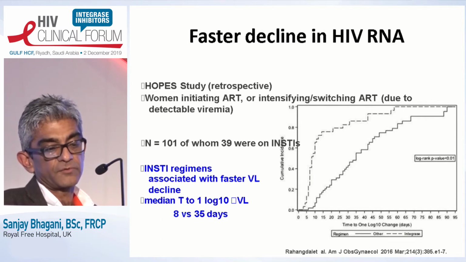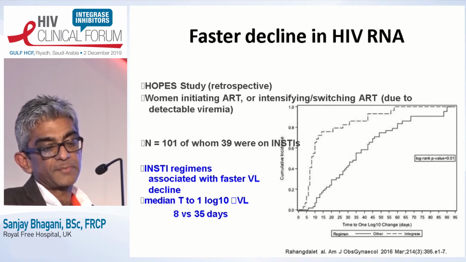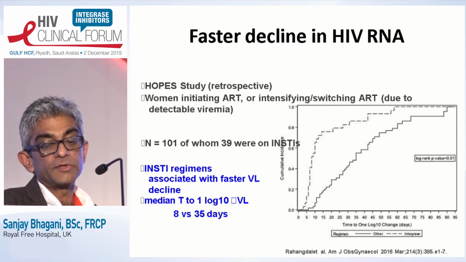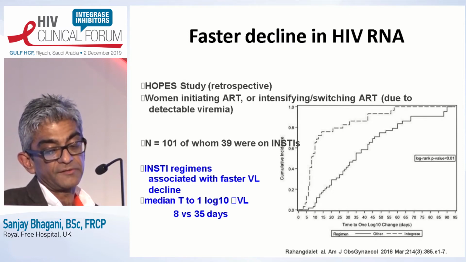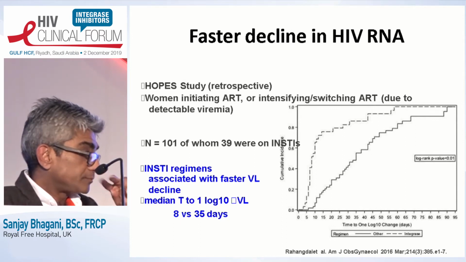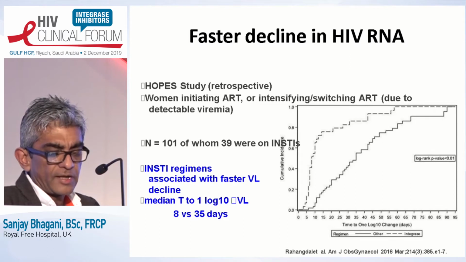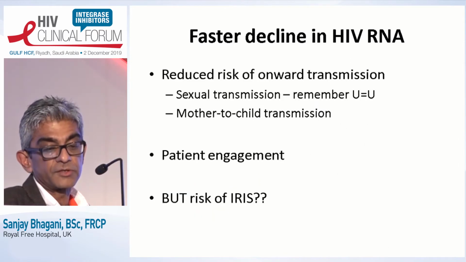And this is some data from a women's study called the HOPE study, which retrospectively looked at women initiating ART or intensifying ART due to detectable viremia, of whom a third were on integrase inhibitors. And you can see, compared to other regimens, an integrase inhibitor was associated with a faster viral load decline, with a median fall of 1 log over 8 days rather than 35 days compared to the other groups of agents.